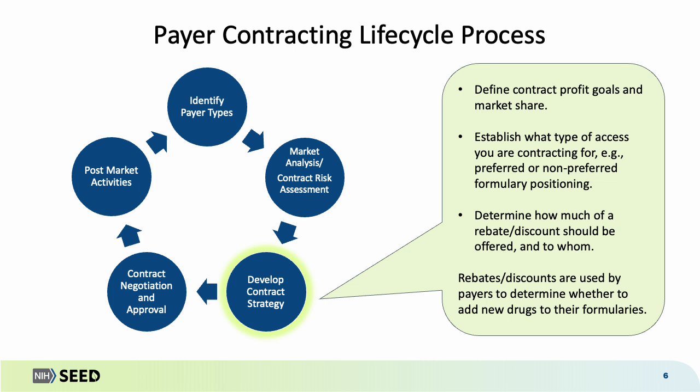Your payer account managers, who most likely will be meeting and negotiating on the company's behalf, will need to know this information, especially when dealing with certain key payers and PBMs. As mentioned earlier, a discount on the list price of your drug often takes the form of a rebate paid by the manufacturer back to the PBM and is used by payers to determine whether to add new drugs to their formularies.